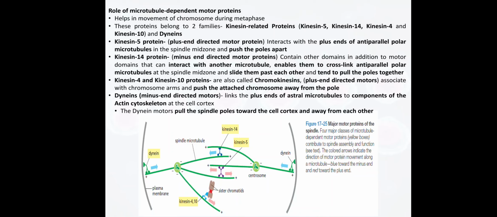Dynein is a minus end directed motor which links the plus ends of astral microtubules to components of the actin cytoskeleton at the cell cortex. The dynein motor pulls the spindle poles towards the cell cortex and away from each other.